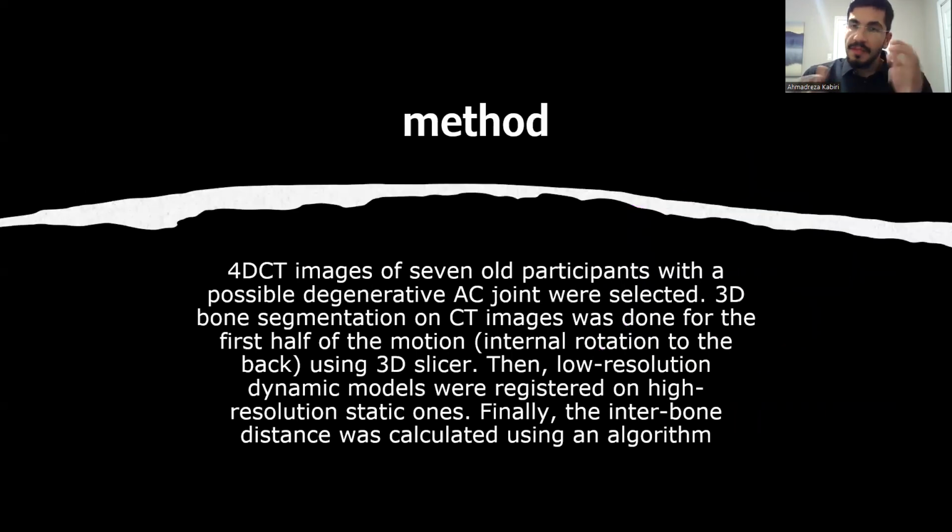And the method I used was 4D CT imagery. 4D CT images of 7 old participants with a possible degenerative AC joint were selected. 3D bone segmentation of CT images was done for the first half of the motion, internal rotation to the back, using 3D Slicer software.